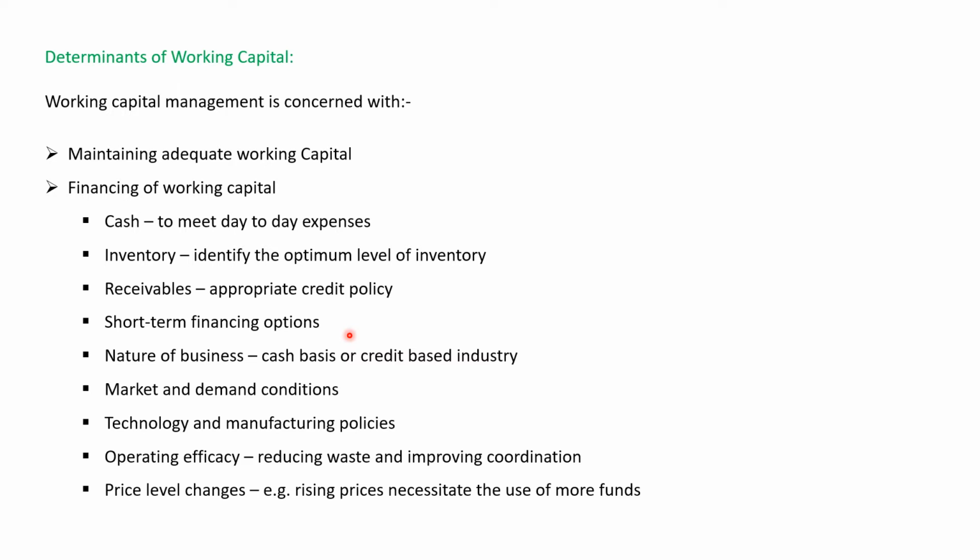Okay, and short-term financing options. Short-term financing options means this cycle of converting raw material to finished goods to receivables, and from receivables to cash. In that case, if there is any delay in receivables, we can also pitch in factoring agencies, where they will help us in realizing our debtors, or they will buy my trade receivables and pay upfront.